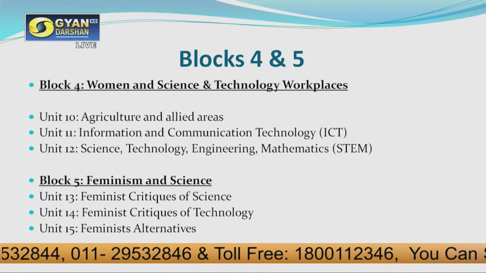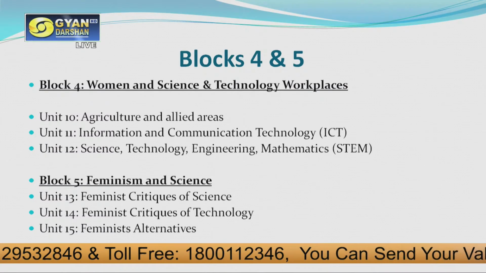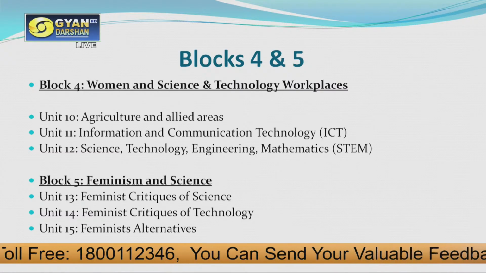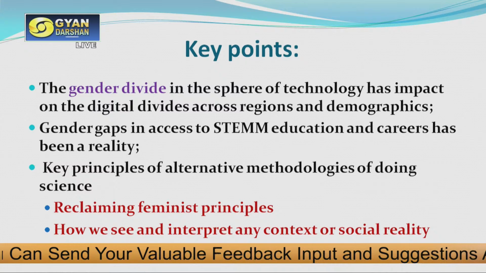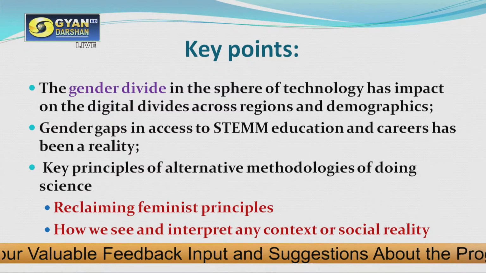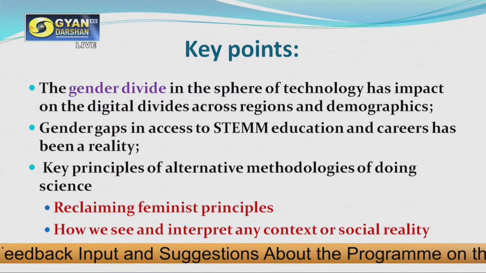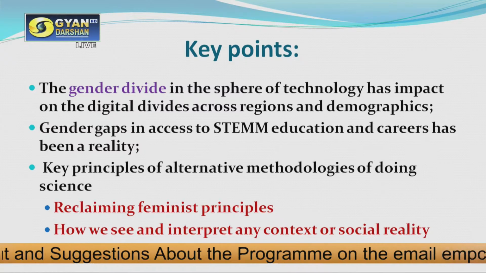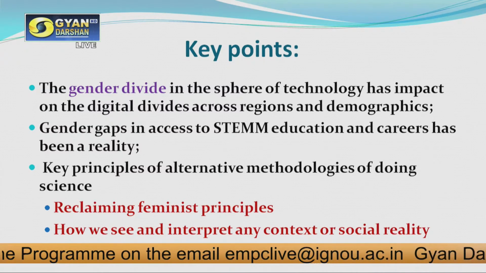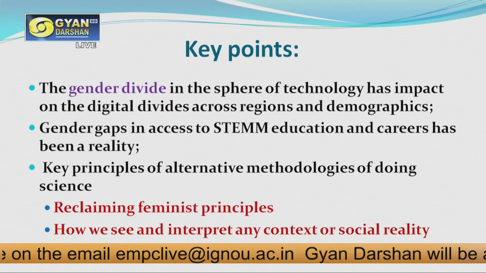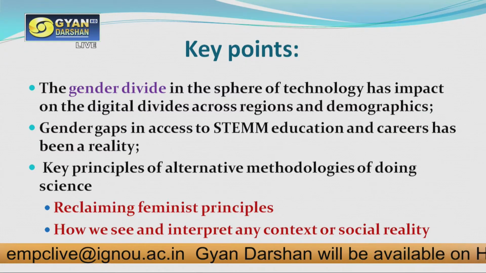The last two blocks, that is blocks 4 and 5, discuss women, science, technology, workplace, feminism and science. So what are the key points here? It focuses on the gender-digital divide in the sphere of technology, which impacted the digital divides across demographies and regions. There is a gender gap in access to STEM education and careers, and that has been a reality.